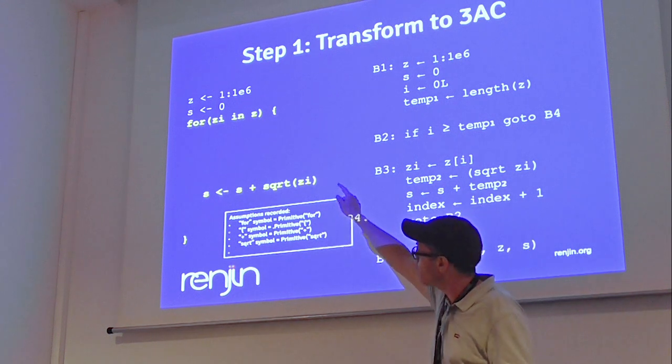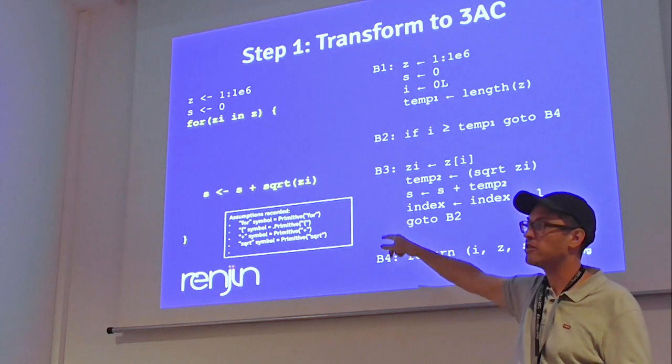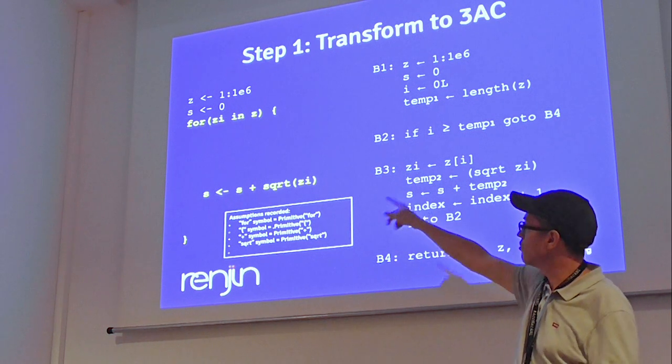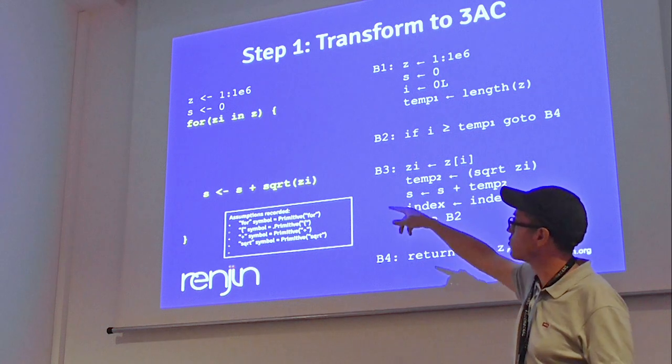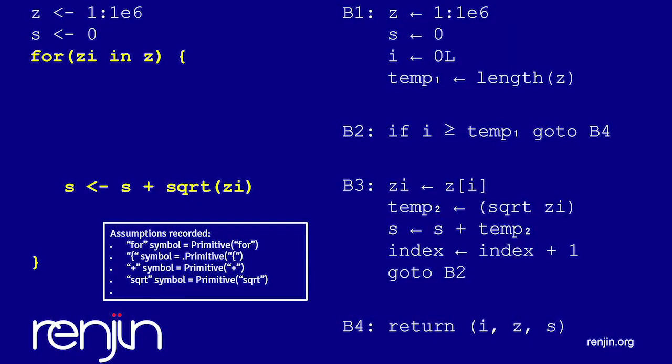At this point, you know a lot about what's going on. R is difficult to analyze statically, but at runtime, you have a wealth of information. We can say that S is a scalar, we know its type, and we know whether it has attributes or not. We can use that to translate into our intermediate code.